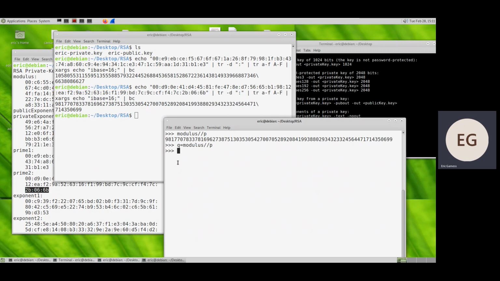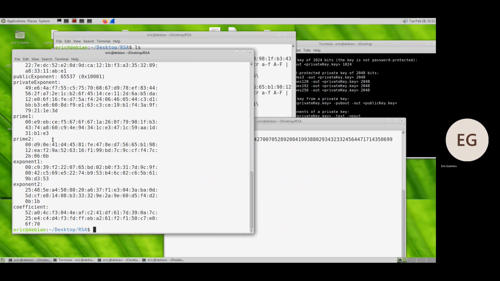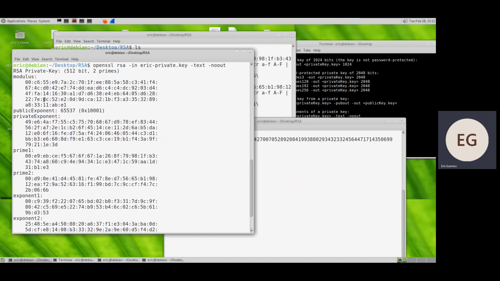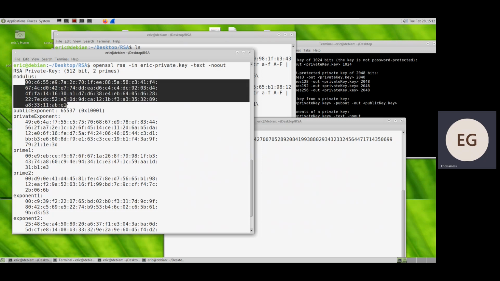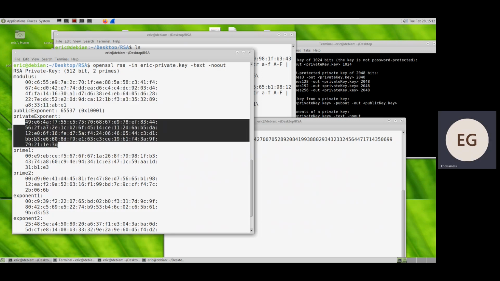So now, as you can see, the private key has a little more information than we would be expecting. We would expect just the modulus and the private exponent, which is there. We would not expect more, but as you can see, it has the two prime numbers and it has the public exponent also.